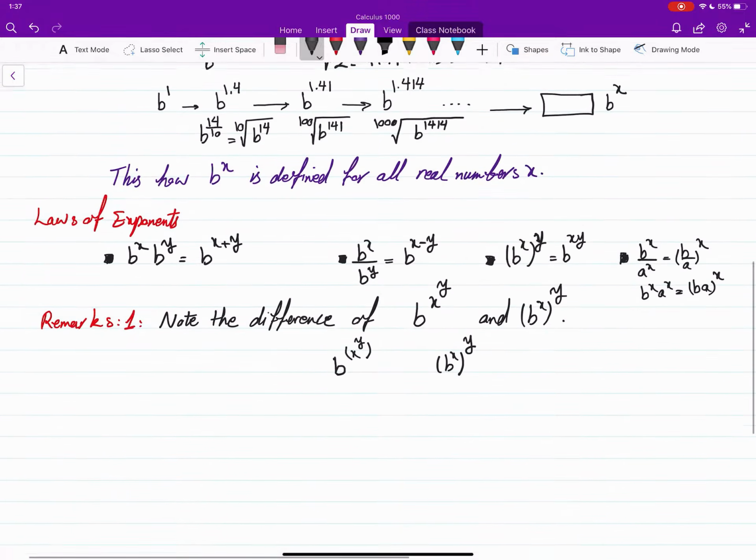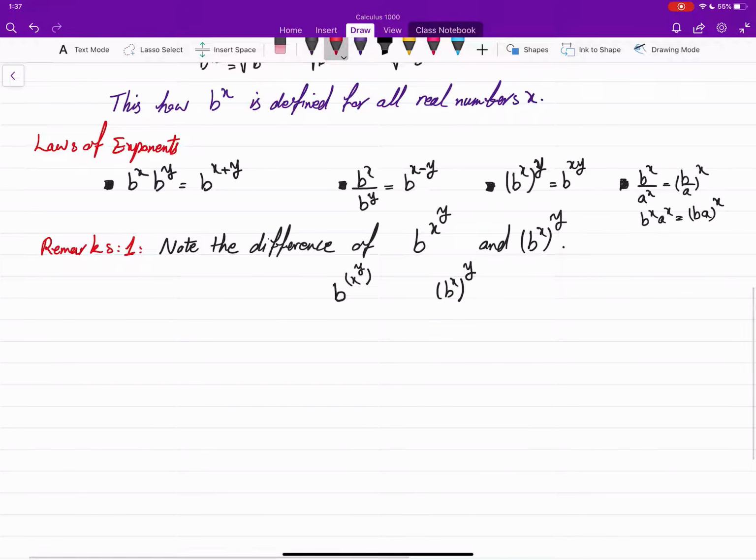To see an example that these can be completely different numbers, see 2 to the power 3 to the power 2 and (2 to the power 3) to the power 2. The one that doesn't have any parentheses means 2 to the power (3 to the power 2), and this is 2 to the power 9.